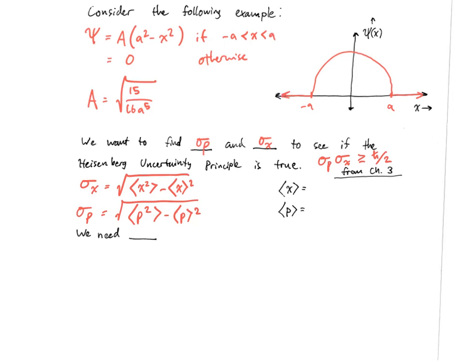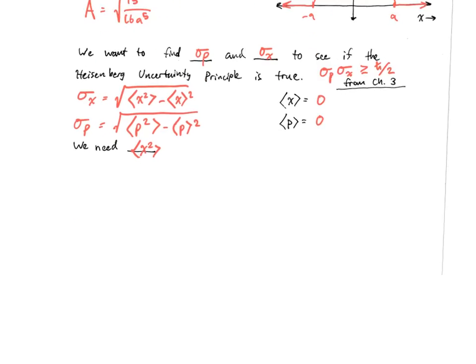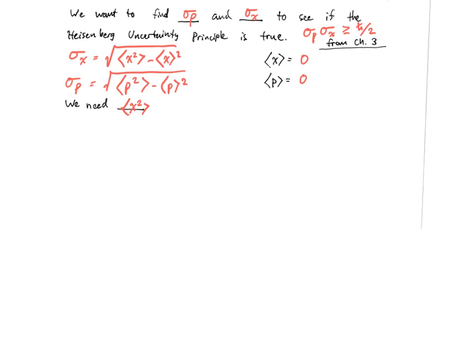Now, if you go back to the lecture notes from chapter 3, you'll see that we've already computed the average position for this example, and it's 0. And we also computed the average momentum, and we saw that it was also 0. So, really all that we need to calculate are just these average observable squared. So let's get the average position squared first.